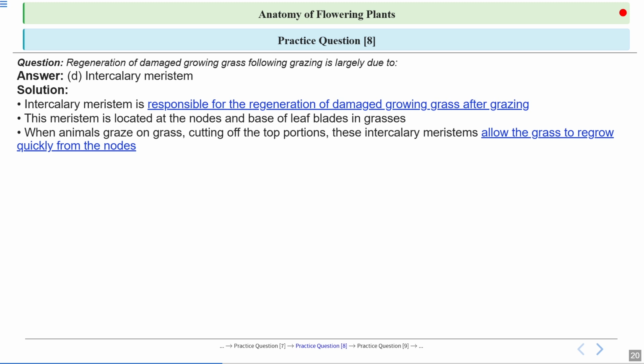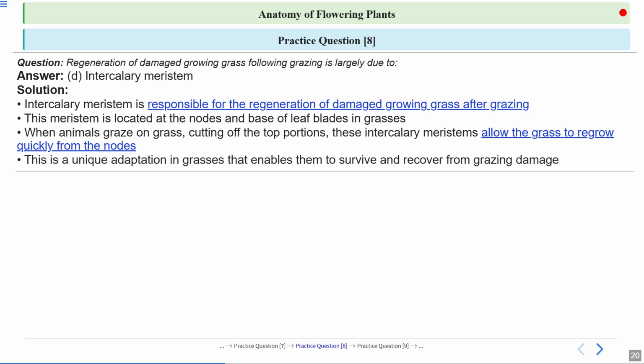So the intercalary meristem gives rise to more and more branching. Lateral meristem is related to increasing the girth of the tree, which is basically found in dicot plants, not in monocots. So this is a unique adaptation in grasses that enables them to survive and recover from grazing damage.